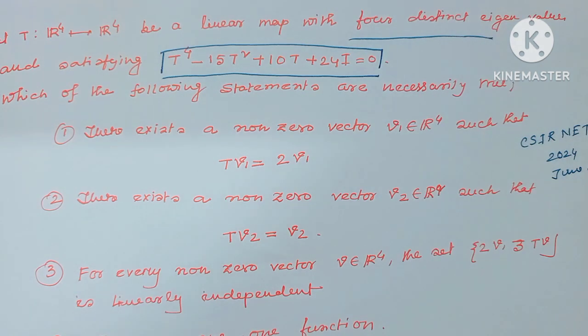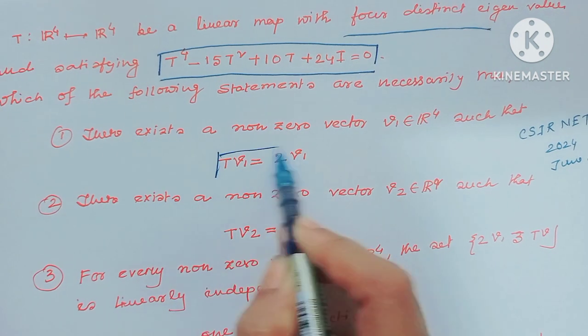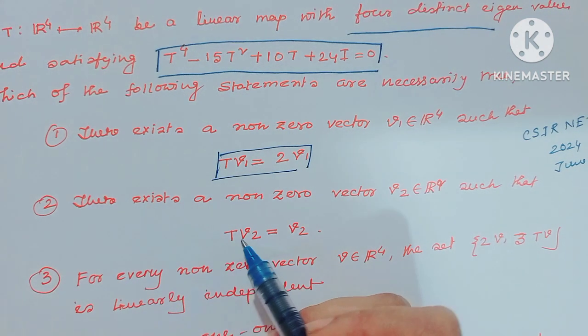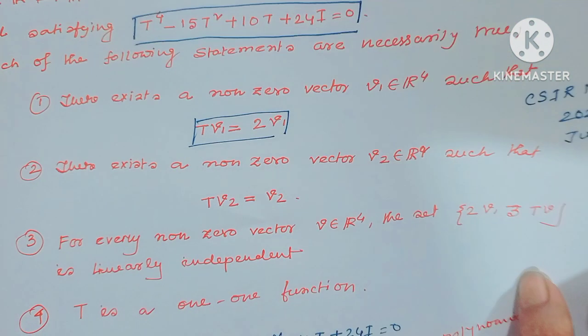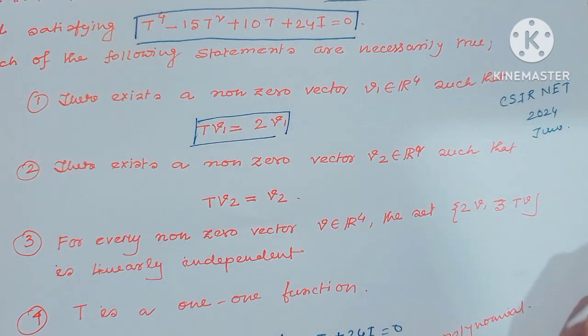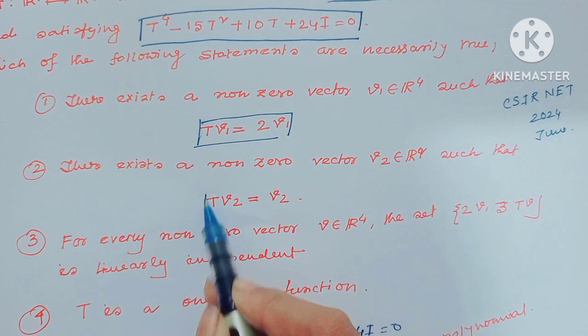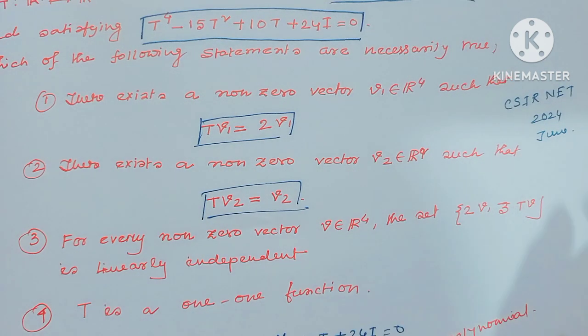Now notice the options. Which of the following statements are necessarily true? Option 1: there exists a non-zero vector v1 belonging to R4 such that Tv1 equals 2v1. Option 2: there exists a non-zero vector v2 belonging to R4 such that Tv2 equals v2.